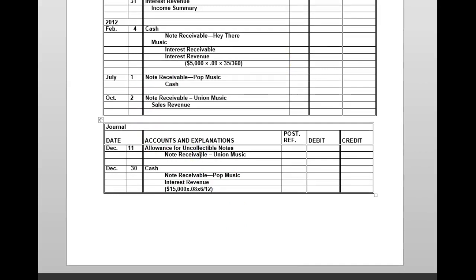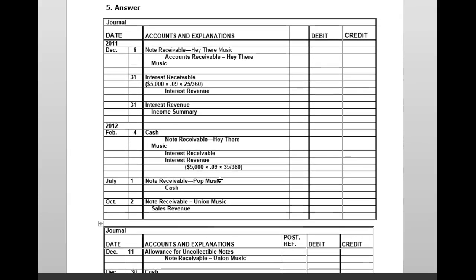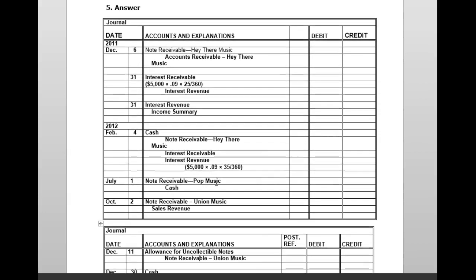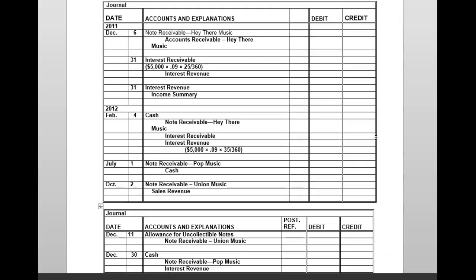Here, we're actually taking a note receivable and using an allowance account for it. Before, we've just kind of used accounts receivable as that. And then here, you're just doing a typical maturity value. So they've combined everything in this one problem. And I think it's a good problem. So if you have problems with it, please give me a message and I'll try to help you out here.